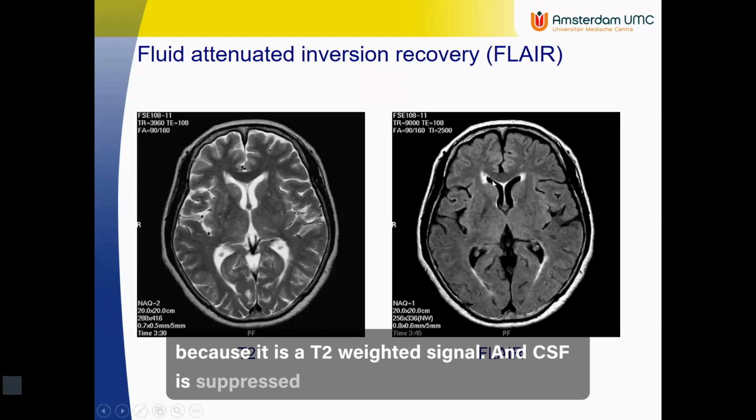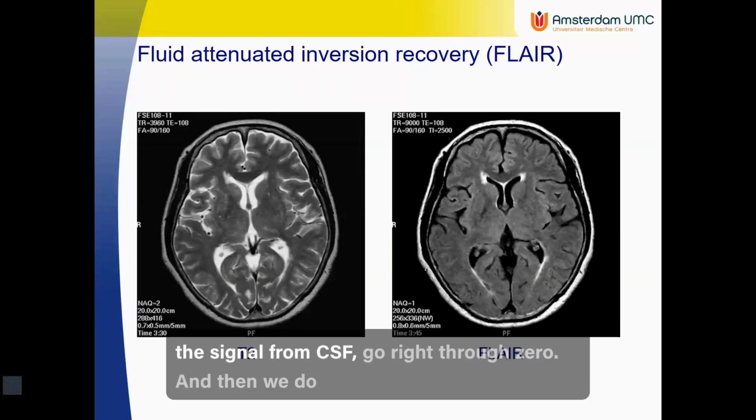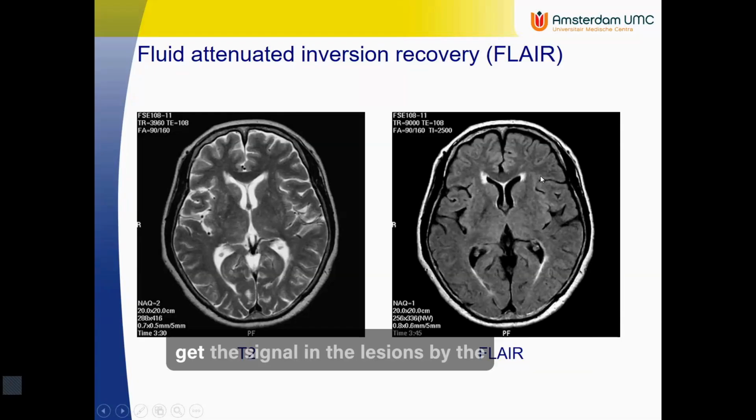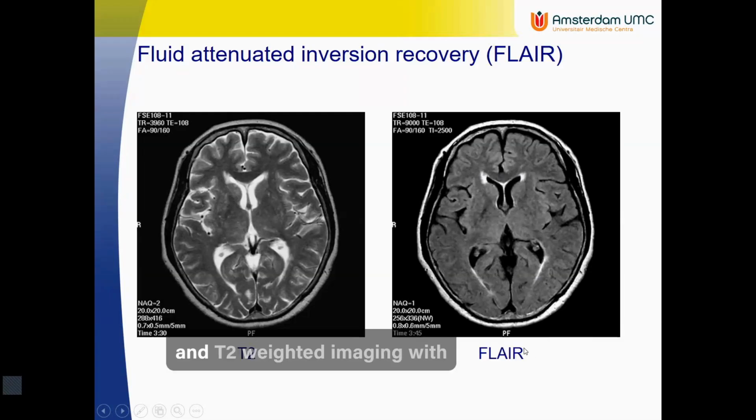And the CSF is suppressed because the CSF has a very long T1, and we chose the waiting time, the inversion time, really long to have the signal from CSF go right through zero. And then we do get the signal in the lesion by a T2 weighting due to the longer echo time. That's called FLAIR, T2 weighted imaging with suppression of the CSF.